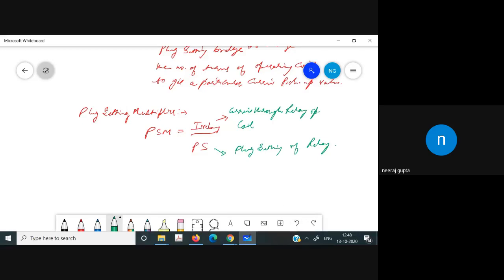Now, what is the significance of this PSM? It tells us about the severity of the current seen by the relay. It means that we have set a plug setting of the relay, that is the current of that particular relay, and then this is the current which is seen by the relay.